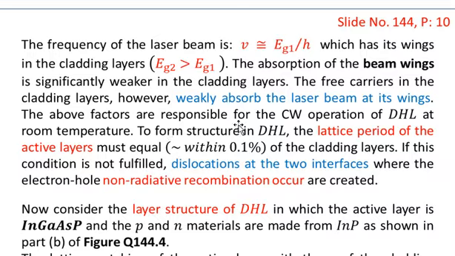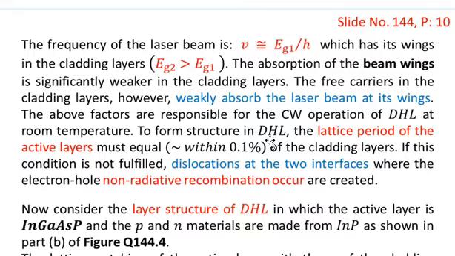The above factors are responsible for CW operation of the DHL at room temperature, because of the weak absorption of the wings of the laser beam by the cladding material.